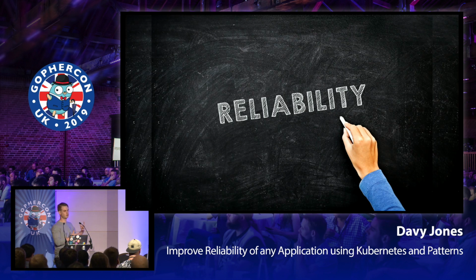So just to level set ourselves about reliability, users don't really care how complex our systems are. They don't care how cool our systems are either. We may find it nerdy and interesting, but generally when they go to our services, it needs to work within a satisfactory tolerance for what they're expecting.